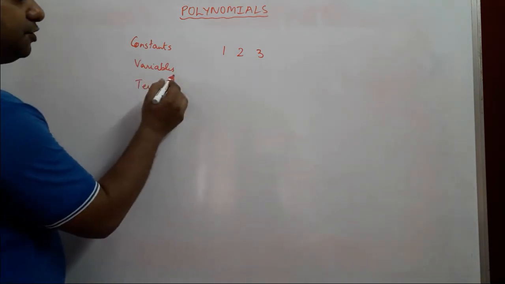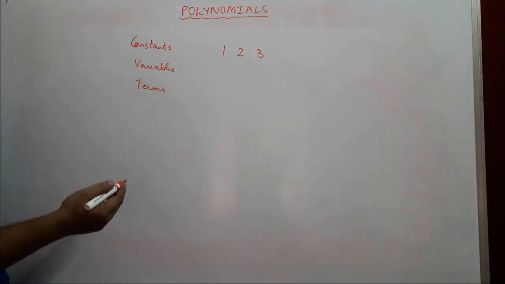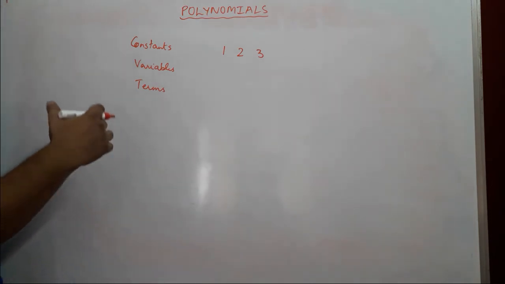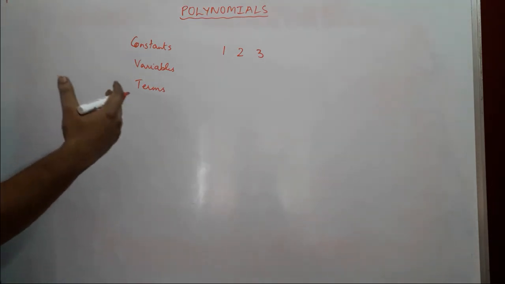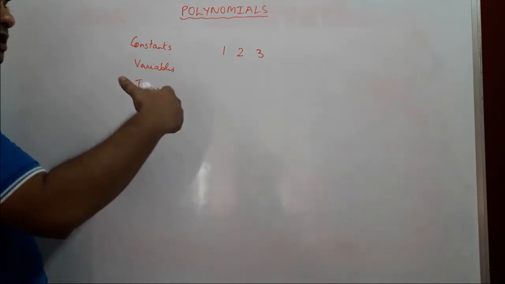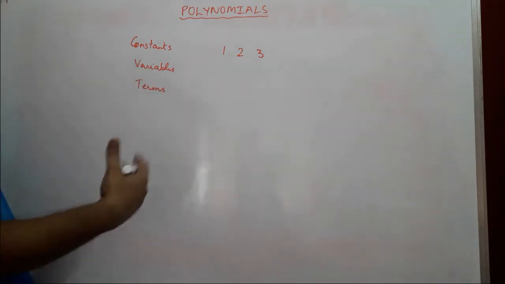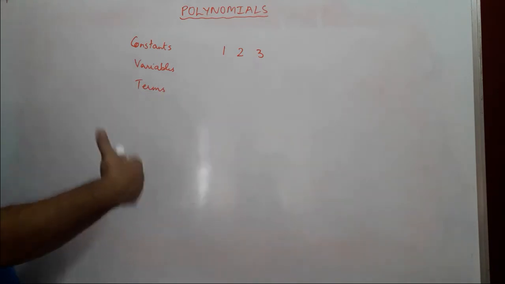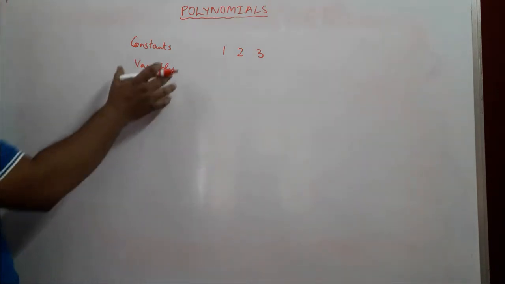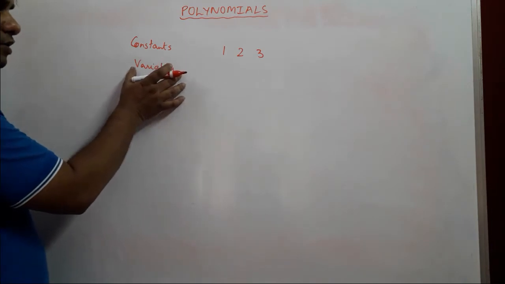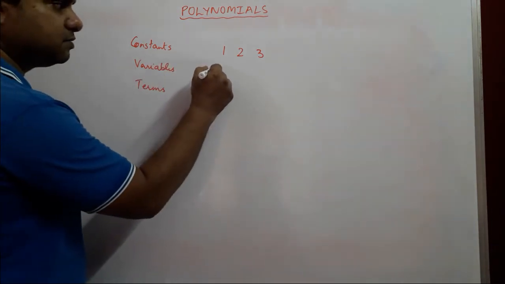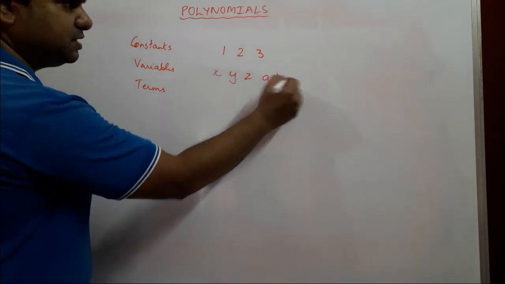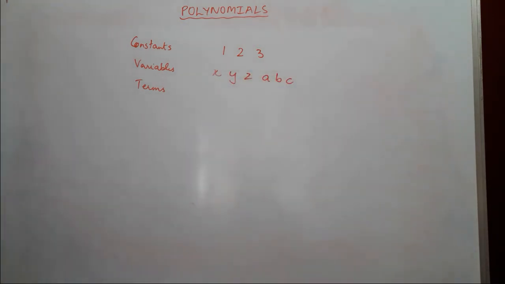On the other hand, you have something called variables. Variables refer to quantities that keep changing or keep varying. Variables come from the word vary. To vary means to change, so it will keep changing, and we usually denote a variable by X, Y, Z, A, B, C, any of the letters of the English alphabet.